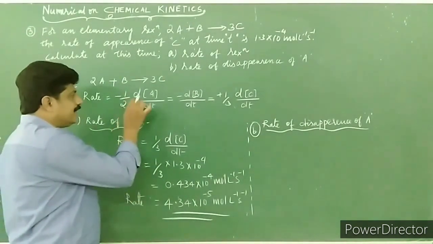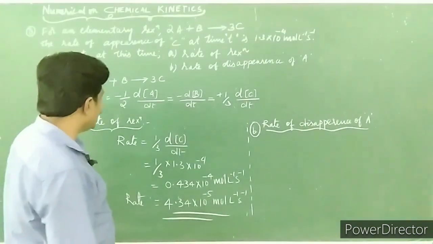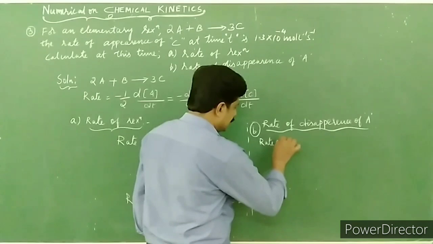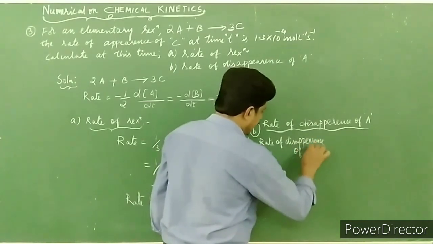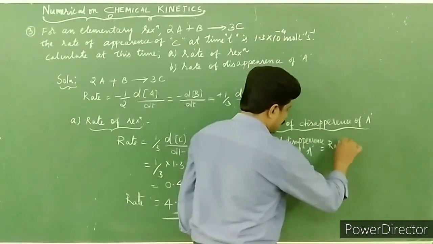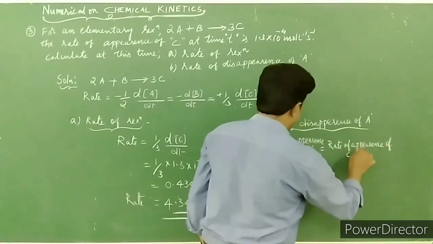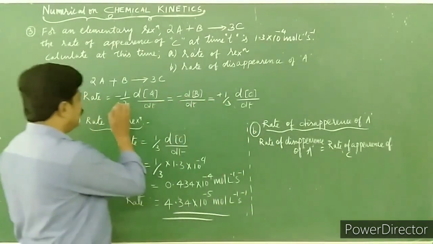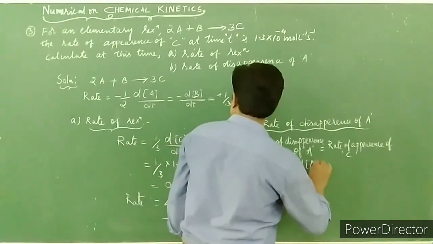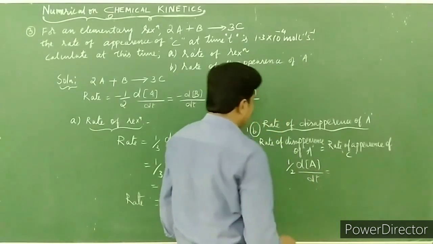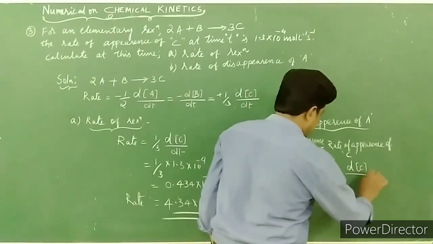Now you know that the rate of disappearance of A is equal to the rate of appearance of C. Look at here, the rate of disappearance of A is equal to the rate of appearance of C. Now look at here, this is what the rate is here, so you should neglect the minus sign there. 1 by 2 into d concentration of A upon dt, that is equal to 1 by 3 into d concentration of C upon dt.